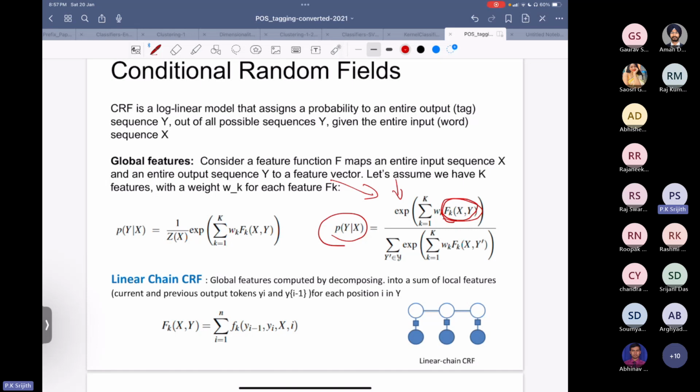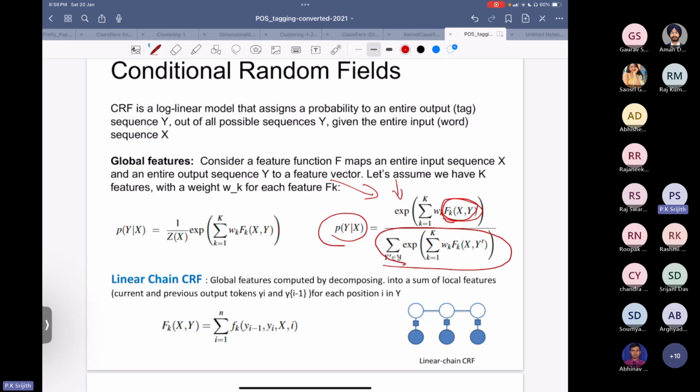In the logistic regression model, you consider some linear combination over features, something like w_k transpose x, and then you consider some normalization over all possible labels.